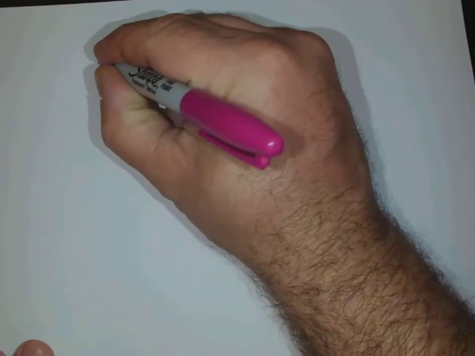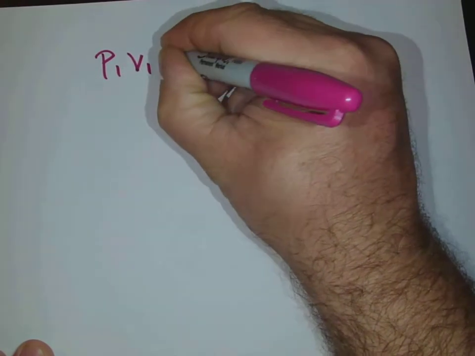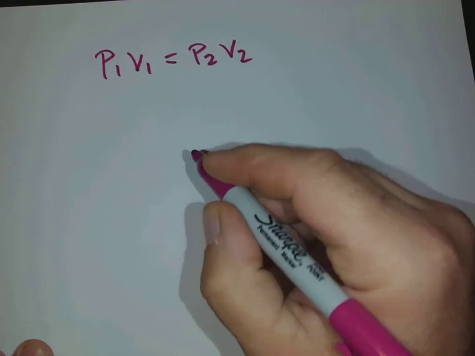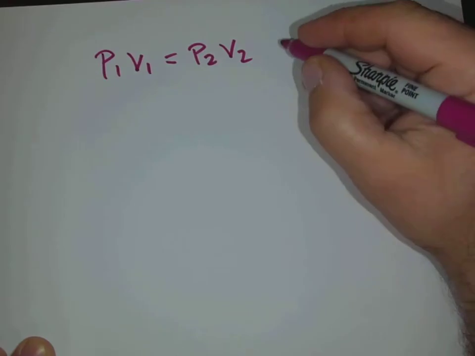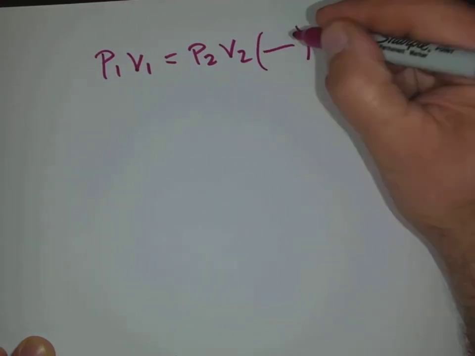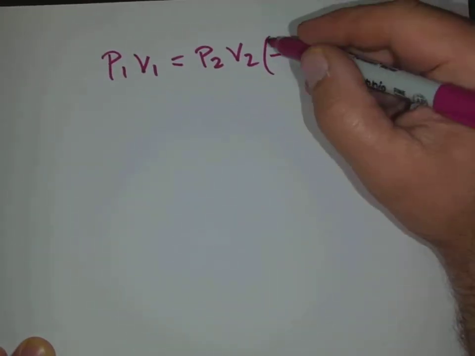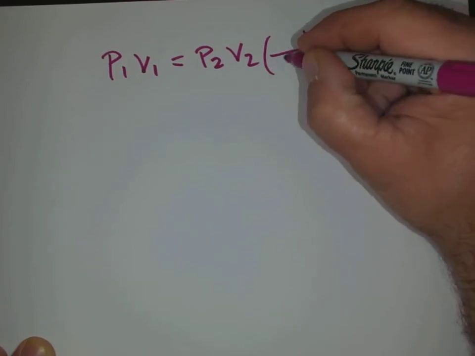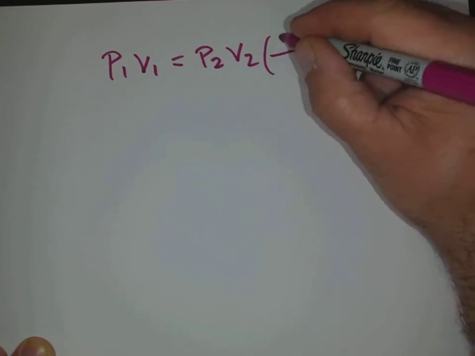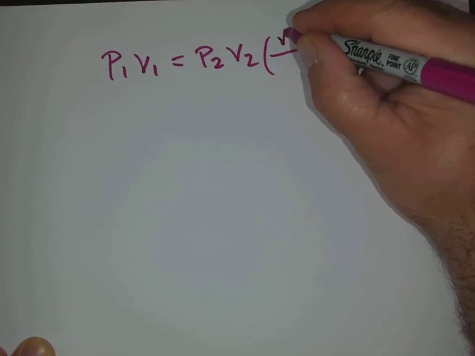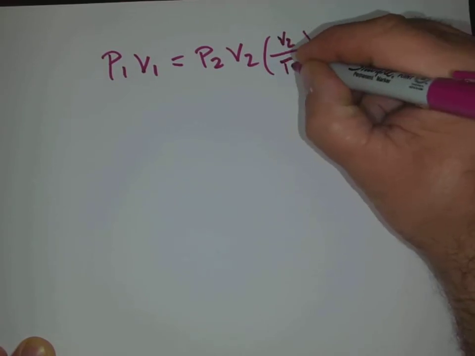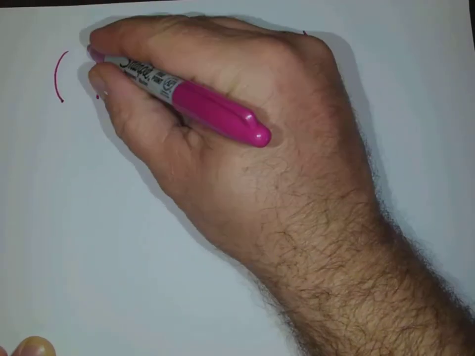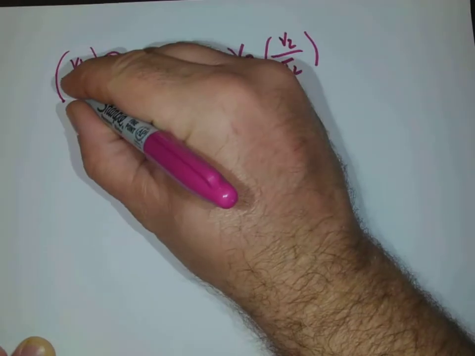Okay, so it's really simple to do. All we have to do is take P1 V1 equals P2 V2, which is Boyle's law, and then we're going to multiply it by, I don't know, it doesn't make a difference because it's a distributive property, so we'll multiply it by Charles's law first, and that says that this side would be V2 times T2, and this would be V1 times T1.